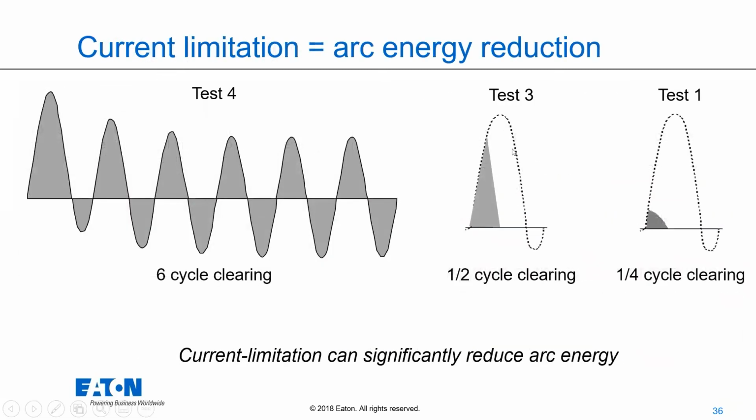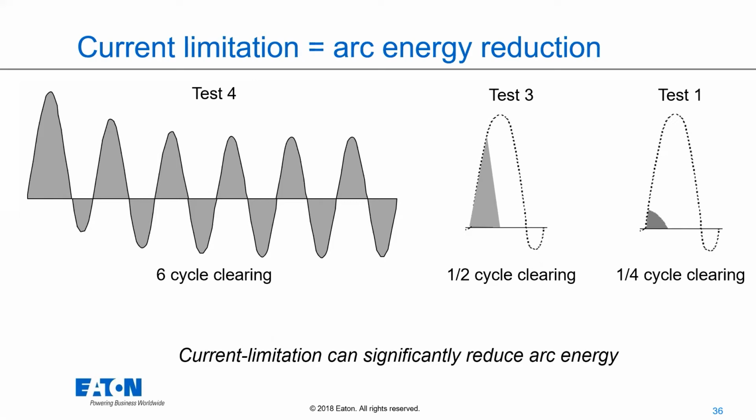So current limitation, right? We already talked about this, it is arc energy reduction. Current limitation is the same thing as arc energy reduction because arc incident energy levels are dependent on both the amount of time that the arc persists, as well as the magnitude of the current, right?